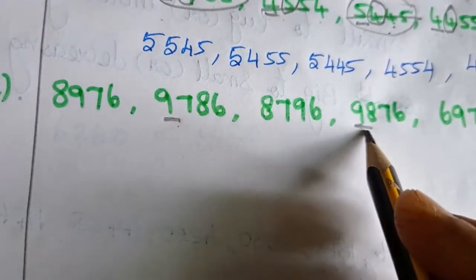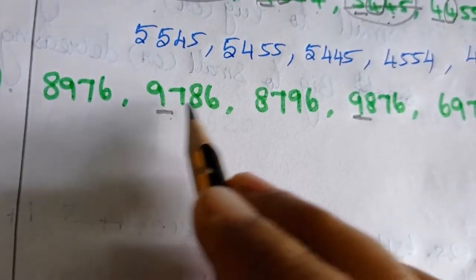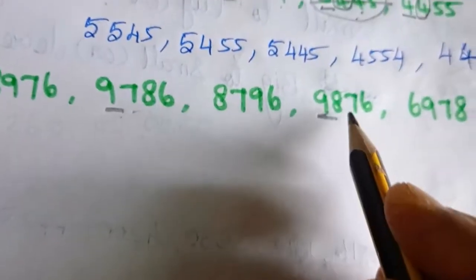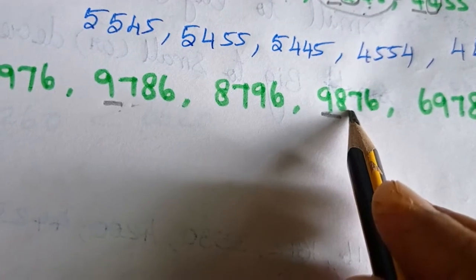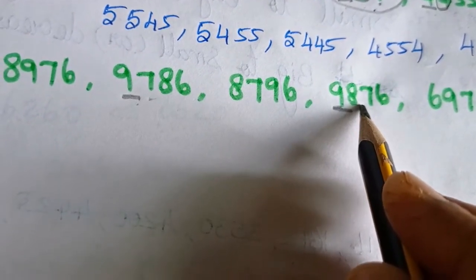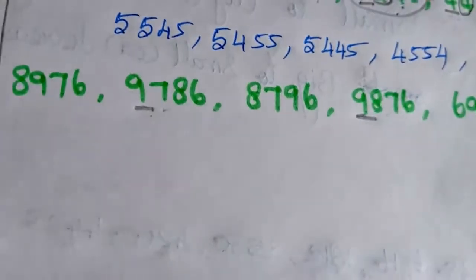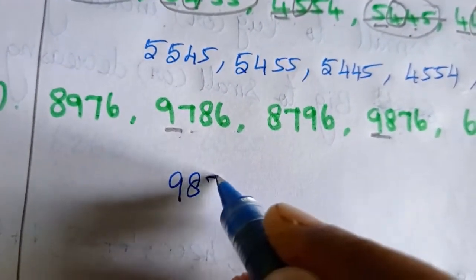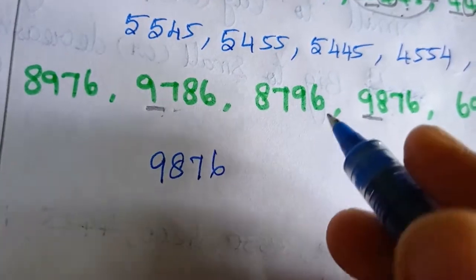So what do you want to do next? Check their 100 place values. The first number's 100 place value is 7 and this number's 100 place value is 8. So which is greater? 8 is greater. So we can write 9876 as the greater number.